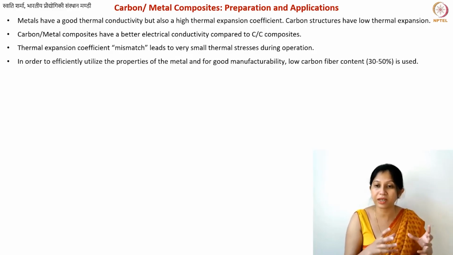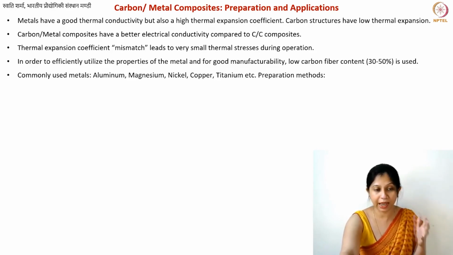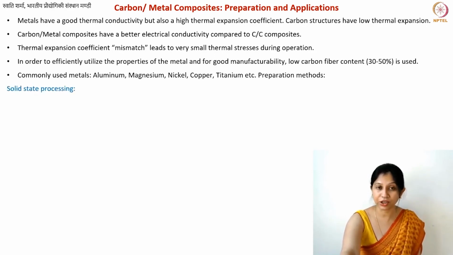Carbon fiber here would typically provide a low thermal expansion and also mechanical strength to the structure at higher temperatures. Okay, so that is why you will use something like 30 to 50% carbon fiber. There are various metals that have been used as matrix materials, for example aluminum, magnesium. So you can also find various metals in the literature.